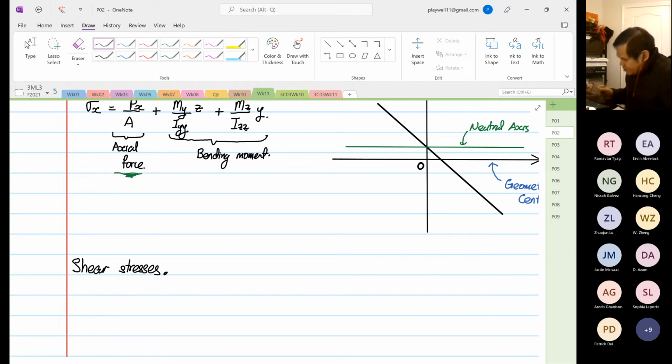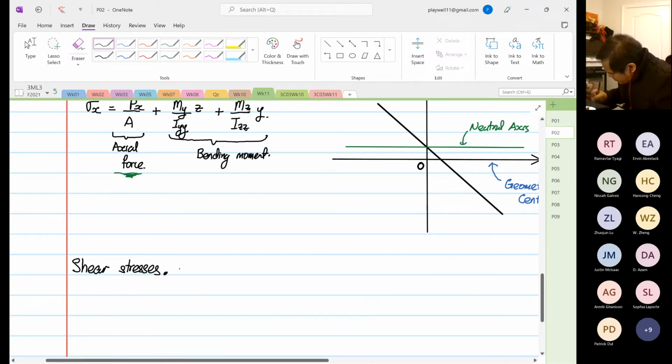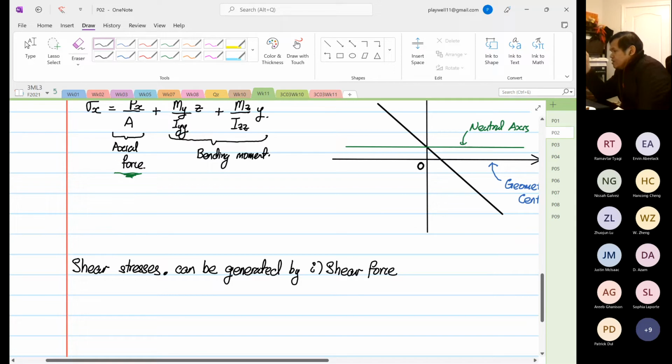The first shearing stress can be generated by the first one. Okay, the first one is shear force, and we know how the formula looks like. And the second one, we did not really do in class. Okay, but there's the other one which is really simple to do, which is known as due to the torque.